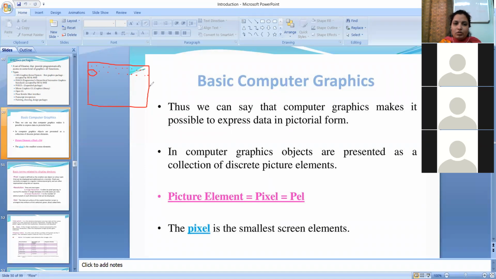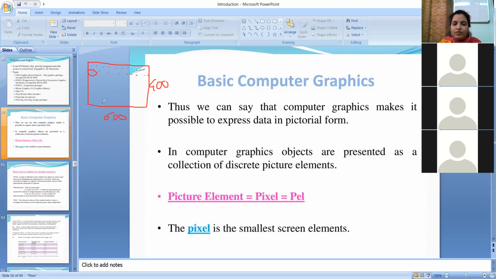Similarly here, the total screen is converted into a number of points. Suppose it has a total of 600 points horizontally and 400 points vertically. Then in total it will have 600 by 400 points on the screen.